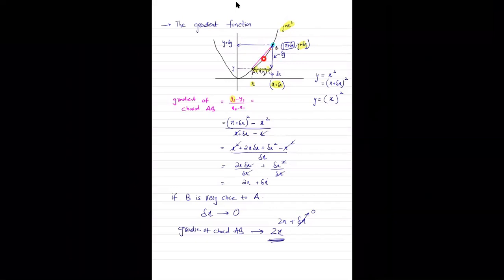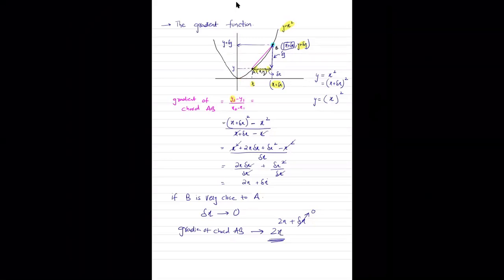Because of this principle, you can see that the gradient of the curve at any point will be equal to 2x. So if I keep on changing the value of x, I'm going to get a different value of the gradient. We know that the gradient of a straight line is always constant. There is no change in the gradient.